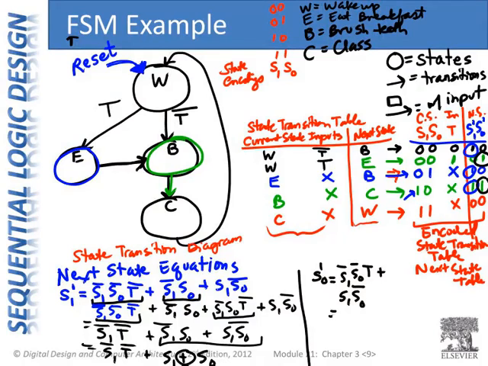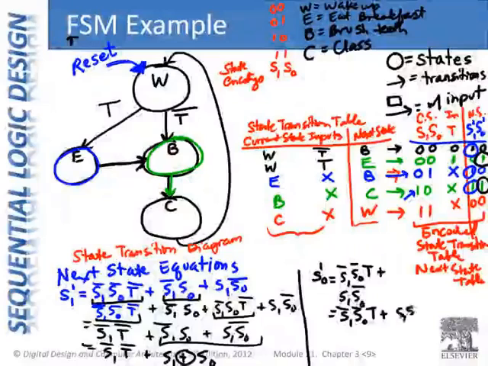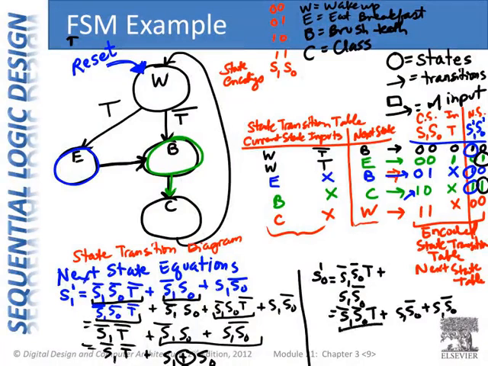We're going to get our original term, S1 bar, S0 bar, and T, or S1, S0 bar. We're going to use covering on that second term, S1, S0 bar, to try to get rid of something there. Well, they already differ in S1, so I have to AND that with T. I expanded the S1, S0 bar term to get S1, S0 bar, and T.